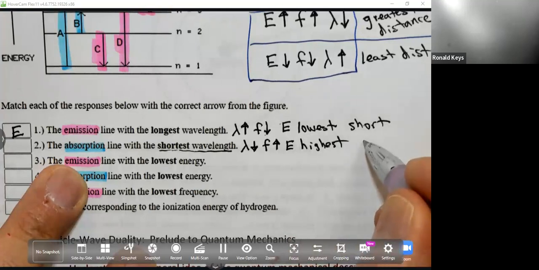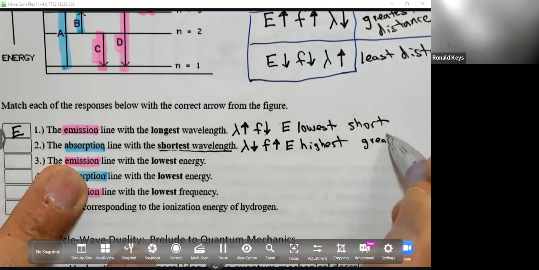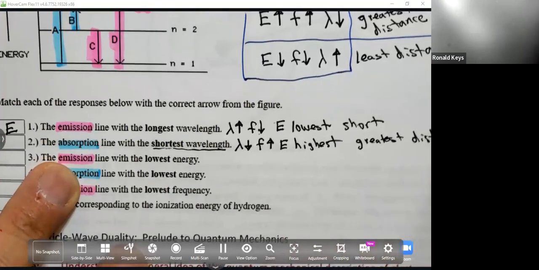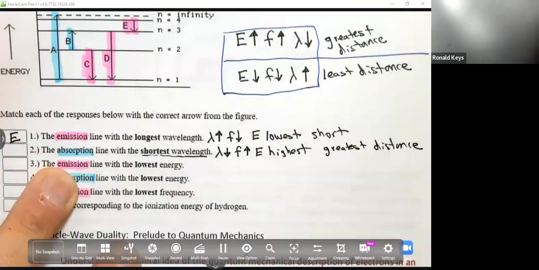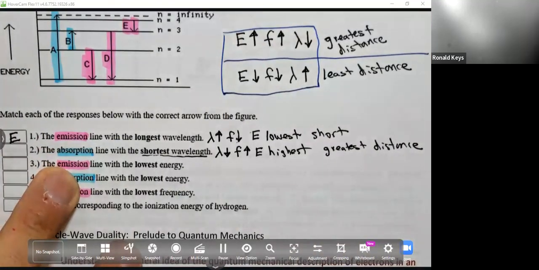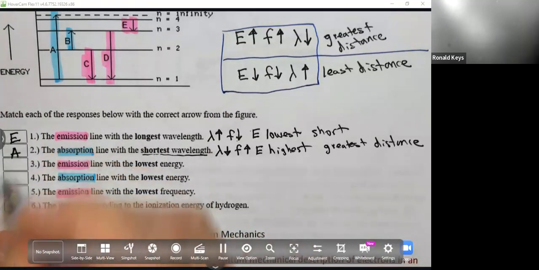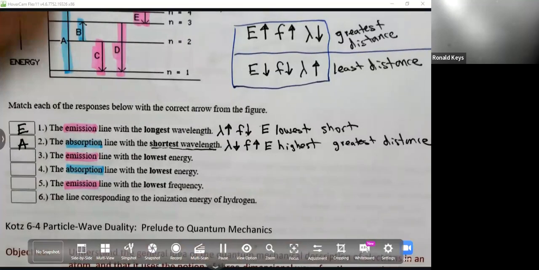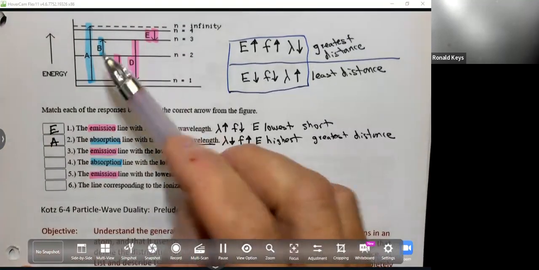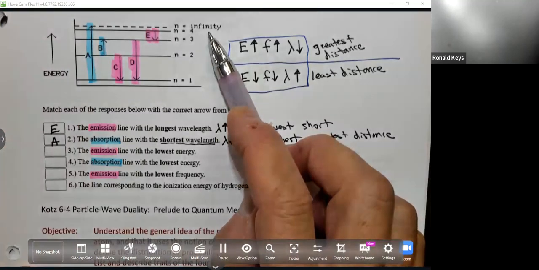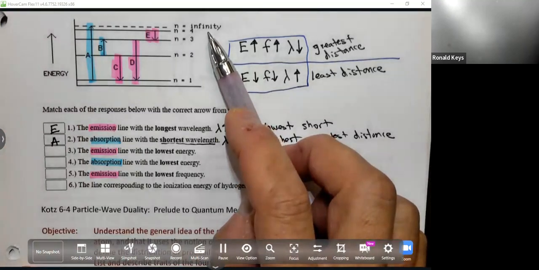And that is going to be the greatest distance, which is the blue line. There's only two possibilities here, and the greatest distance, of course, is A, right? Now notice that A goes to infinity. We're going to have a word for that coming up.